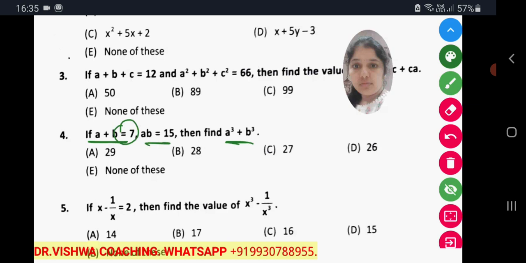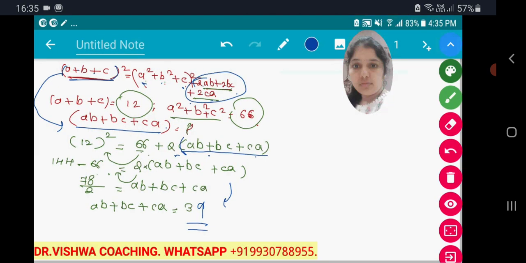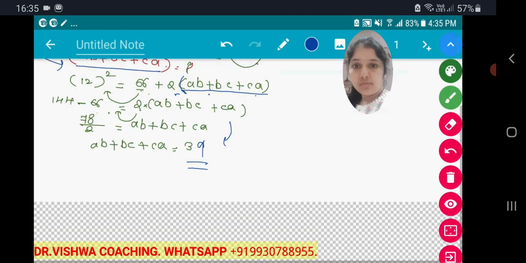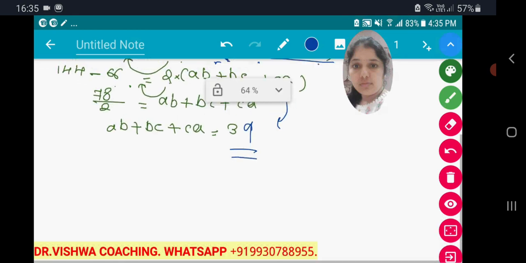Again the same: what we had learned by heart, or in the last lecture I told you to always remember some equations.